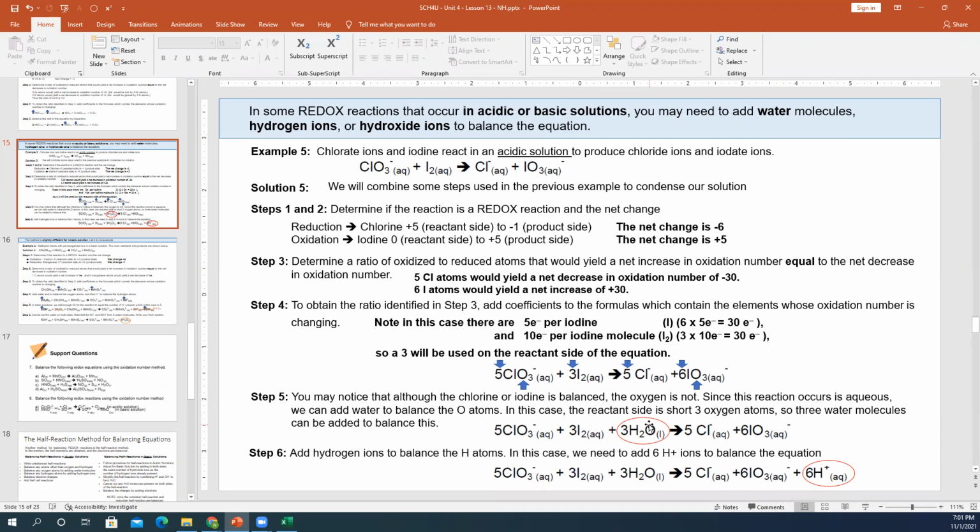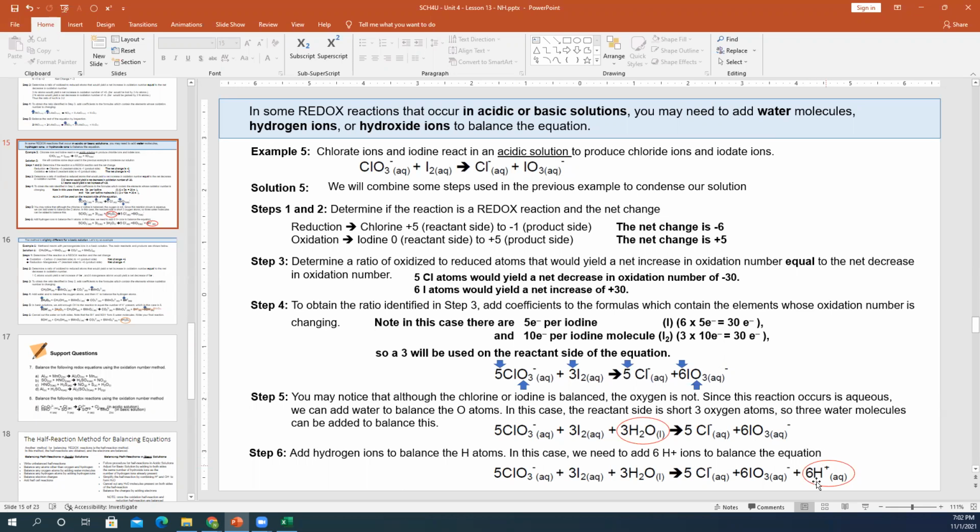Then we have to add hydrogen ions now to balance the hydrogen atoms, because by adding 3 water molecules on this side, we have added hydrogen atoms to the reactant side. We need to have hydrogen atoms in the product side. And because this is happening in an acidic solution, there are always extra hydrogen ions around.